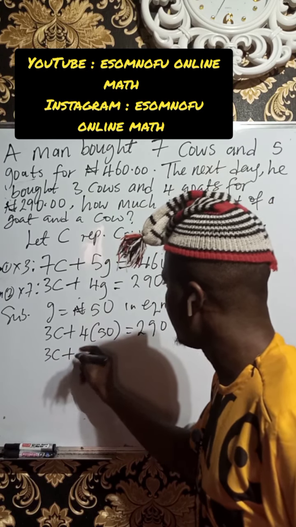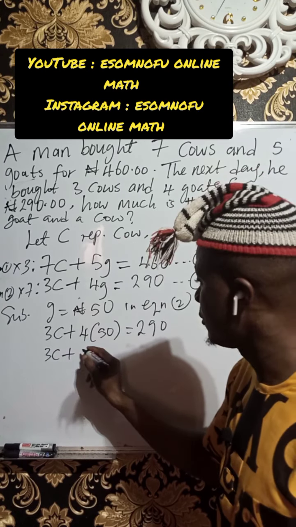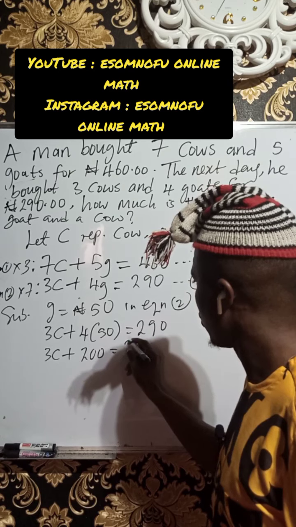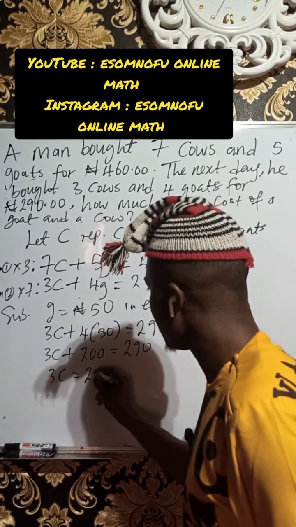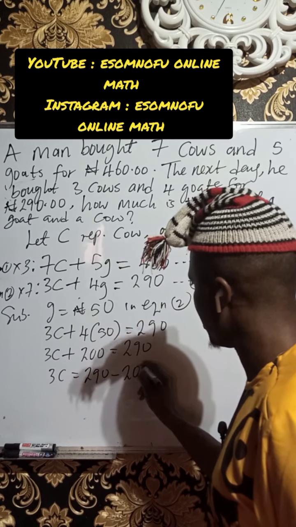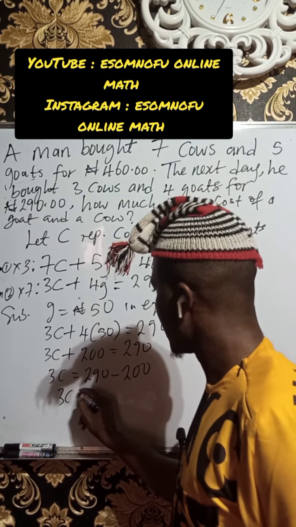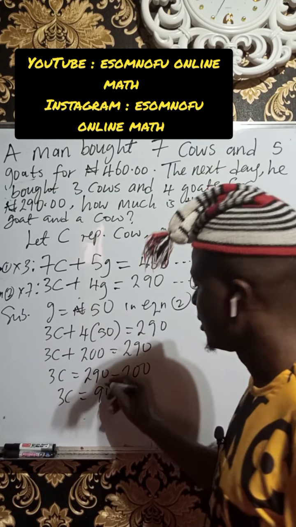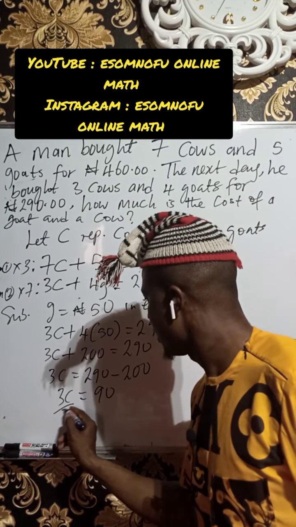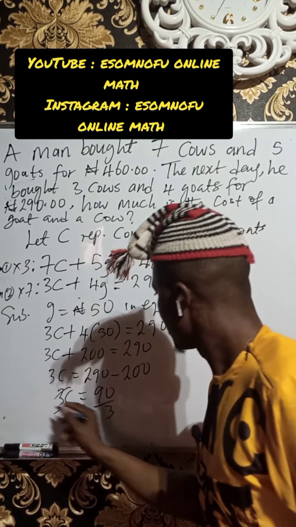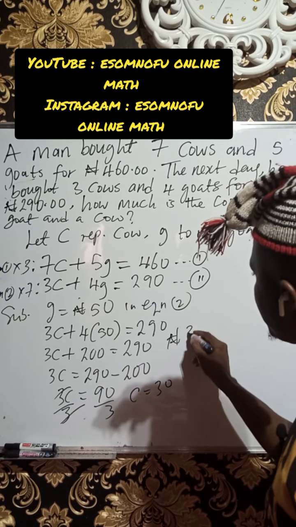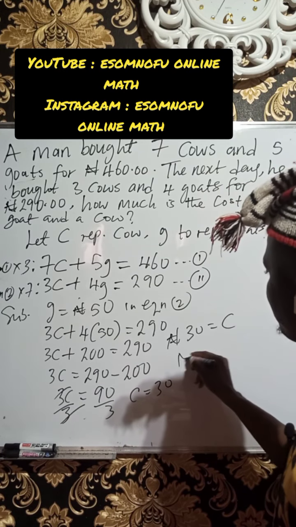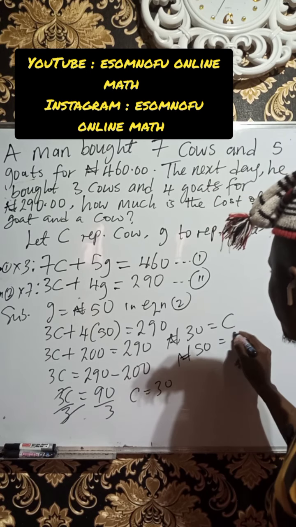So 3C plus 4 times 50 will give us 200, equals 290. So 3C will now be 290 minus 200. When I subtract, I will have 90. So to get the value of C, I'll divide both sides by 3. So C will give me 30. So the value of a cow is 30 naira, while the value of a goat is 50 naira.